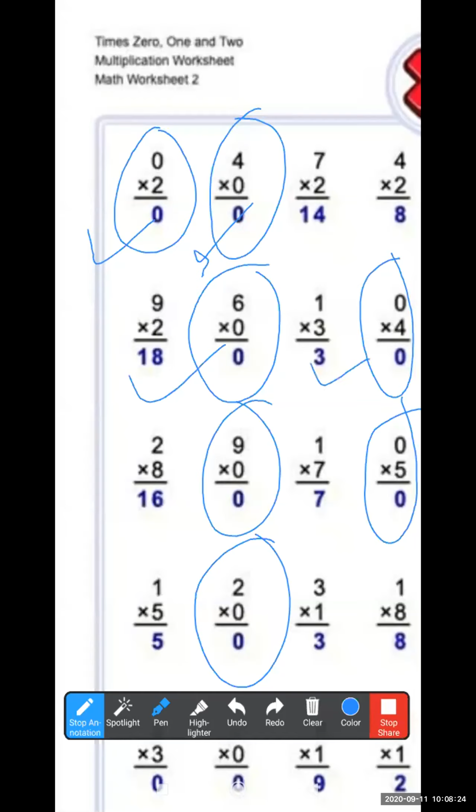See this sum, 0 multiplied by 4, answer we have got 0. 9 multiplied by 0, answer we have got 0. 0 multiplied by 5, answer we have got 0. And 2 multiplied by 0, answer we have got 0.